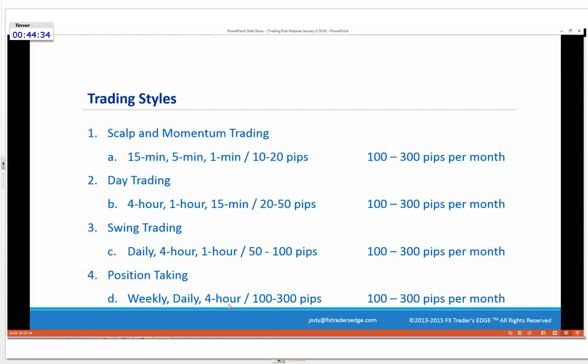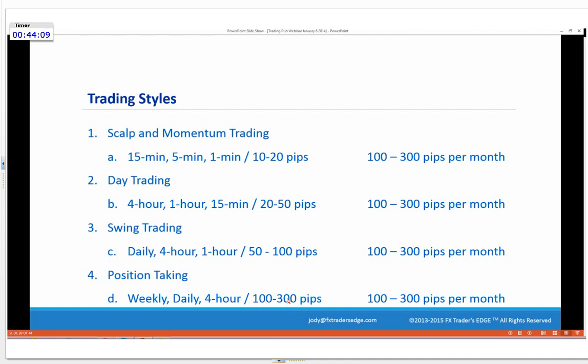As a position taker, you might only take 1 trade a month. I'm just being very basic here. So let's say you take 1 trade a month and you're following that trade, and your goal is to make 100 to 300 pips in a month with no leverage. Once you leverage this up, it's really all about money management.